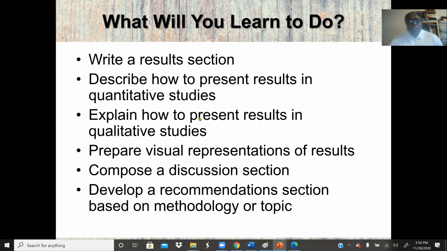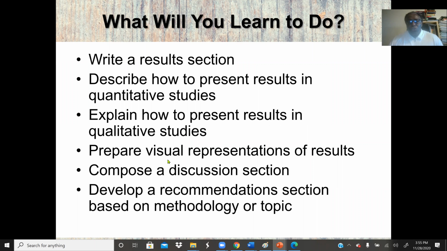So our main objective here is to write a results section in our research studies. How do we write a results section in our paper? Also, we should describe how to present results in quantitative studies and also explain how to present results in qualitative studies.